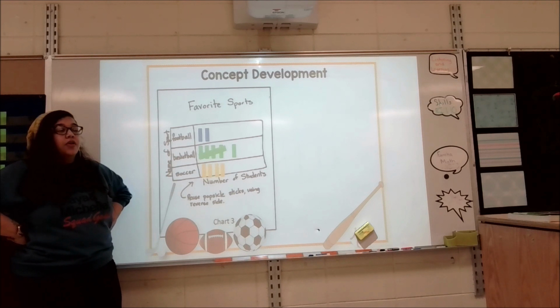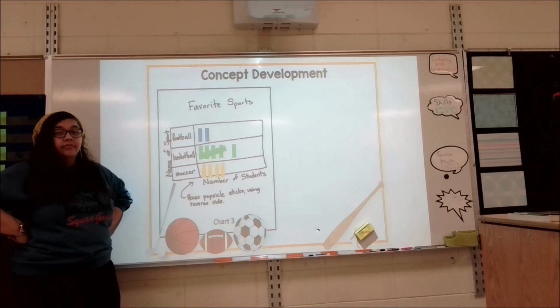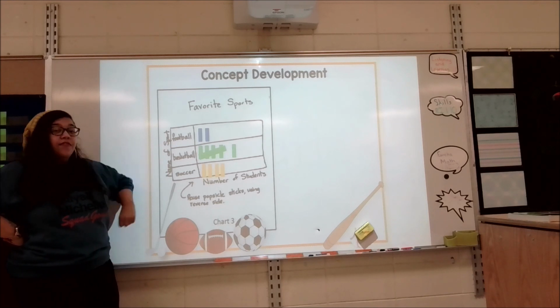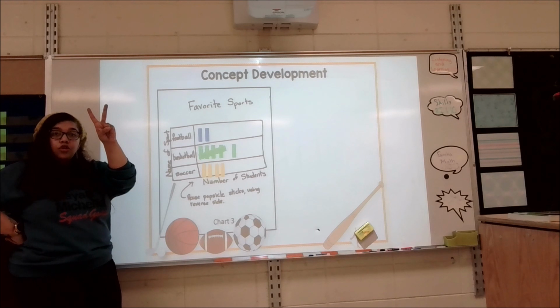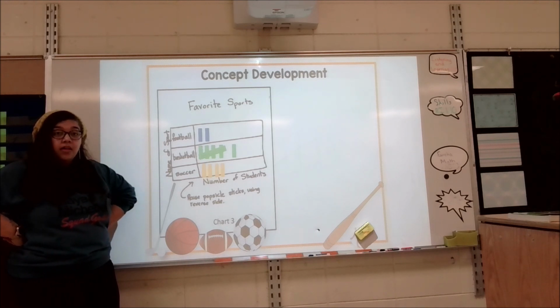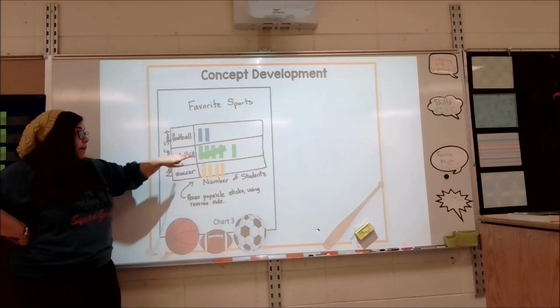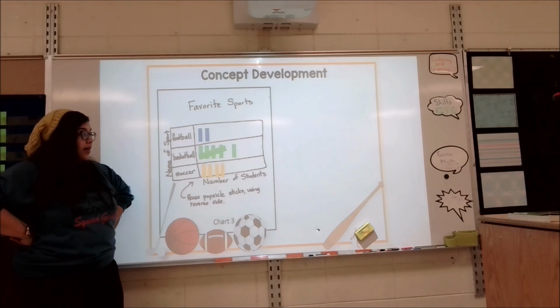Basketball has the most votes. Excellent. And which sport did the parents in our class like the least? Football. Football only has how many votes? 2. There were only 2 votes for football in our class. That was quite surprising. But yes, there are only 2 votes for football in our class.